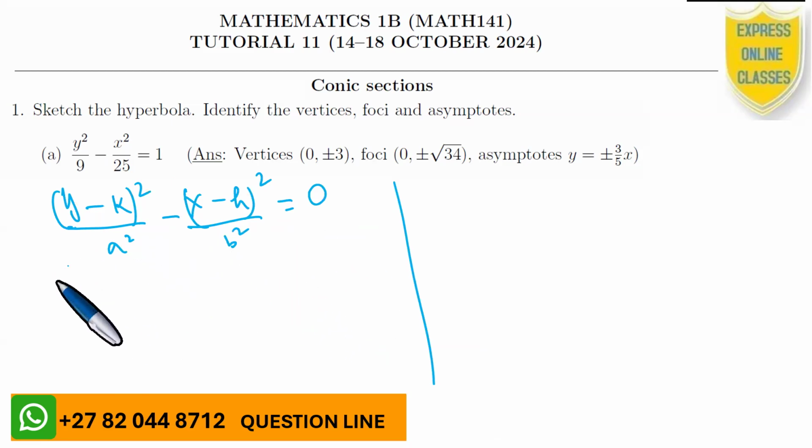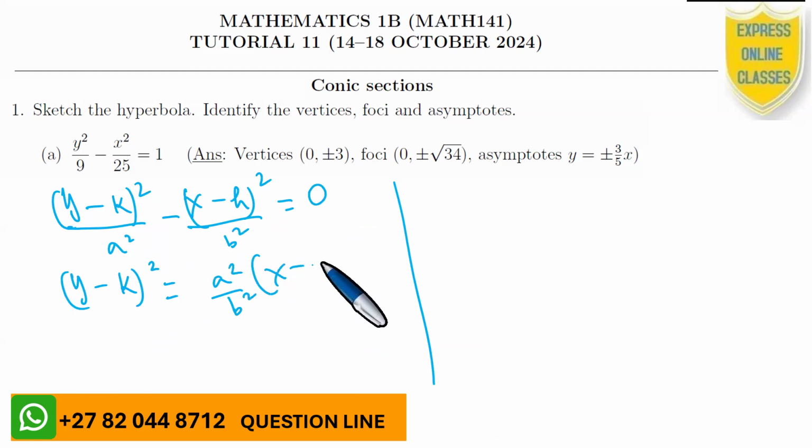So you'd have y minus k squared, which is a squared over b squared. Take the square roots. So you have this one.